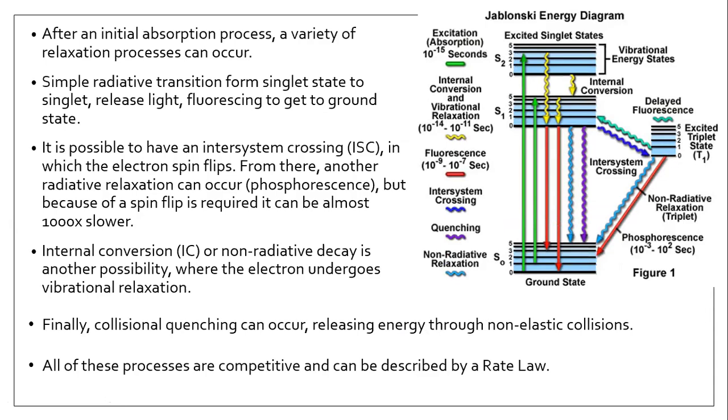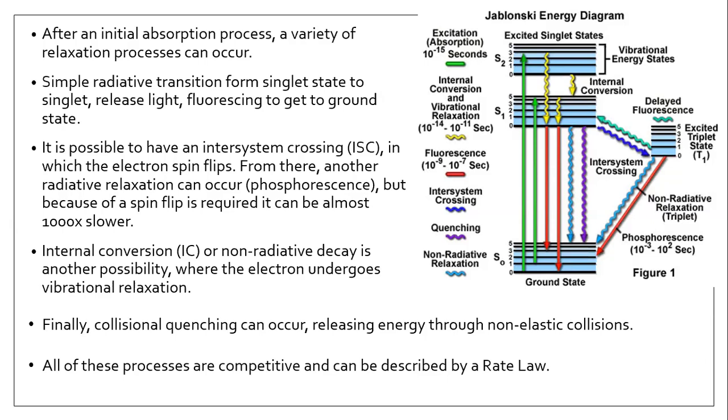There, it has to phosphoresce back down. And because the spin flip is required, it's almost 1,000 times slower. Internal conversion, or non-radiative decay, is another possibility, where the electron undergoes vibrational relaxation. Finally, collision quenching can occur, releasing energy through molecules essentially bumping into each other.